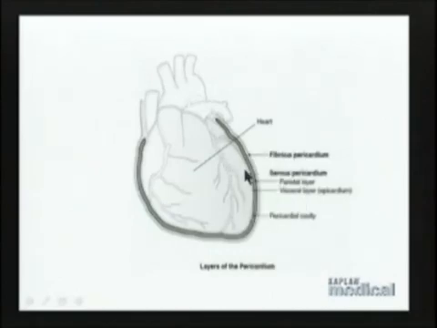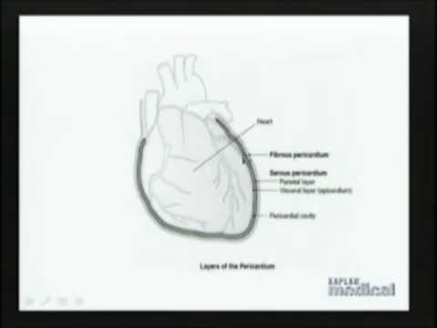And because it's expanding inward, it's going to be compressing the heart. And that compression of the heart is going to interfere with cardiac filling during diastole, so that will result in a reduced end diastolic volume, which will result in a reduced stroke volume, which will result in a reduced cardiac output, reduced blood pressure, and so forth. So that becomes a life-threatening situation.